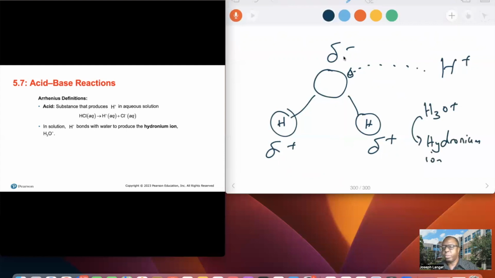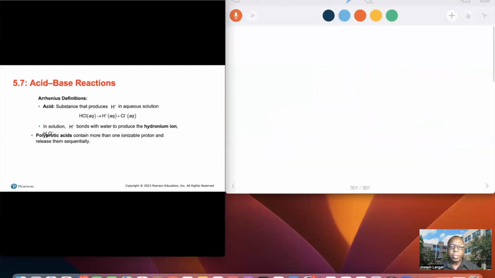Chemists interchangeably use H plus or H3O plus to mean the same thing. In solution, that means in solution where H2O is the solvent, it produces hydronium ion. So that is how acids are defined.